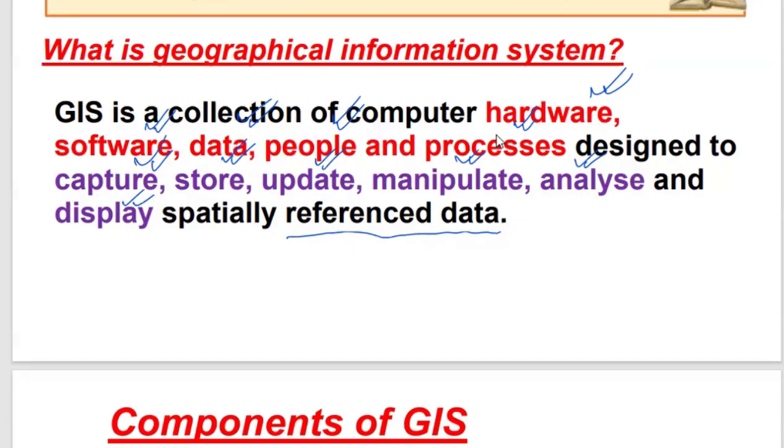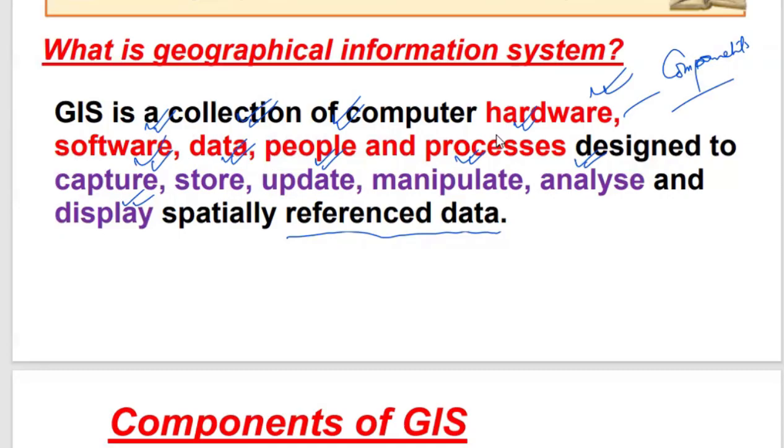We have talked about a collection of hardware, software, data, people, and processes. Those are what we refer to as the components of GIS, the ones that make up the GIS. And what is it used for? We are looking for the purpose of GIS in geography.